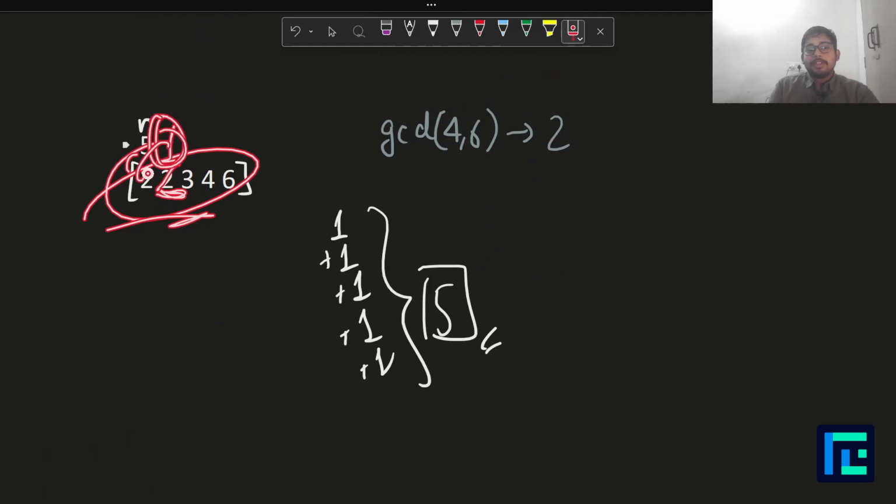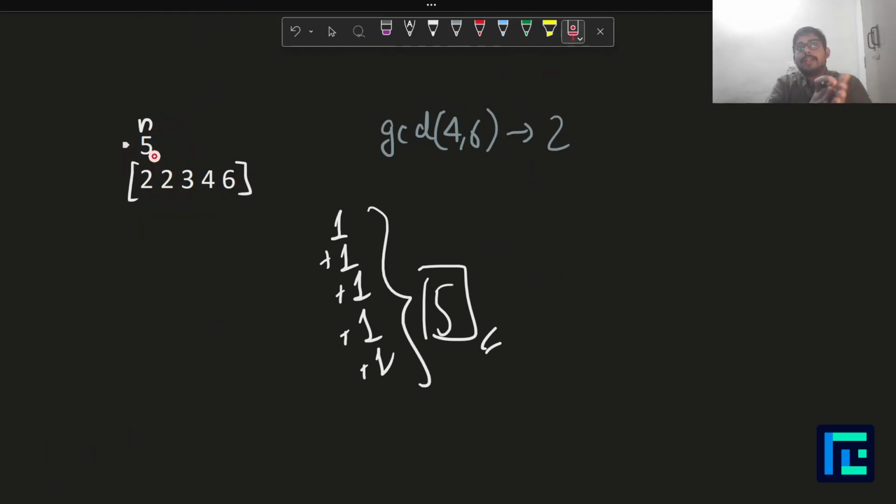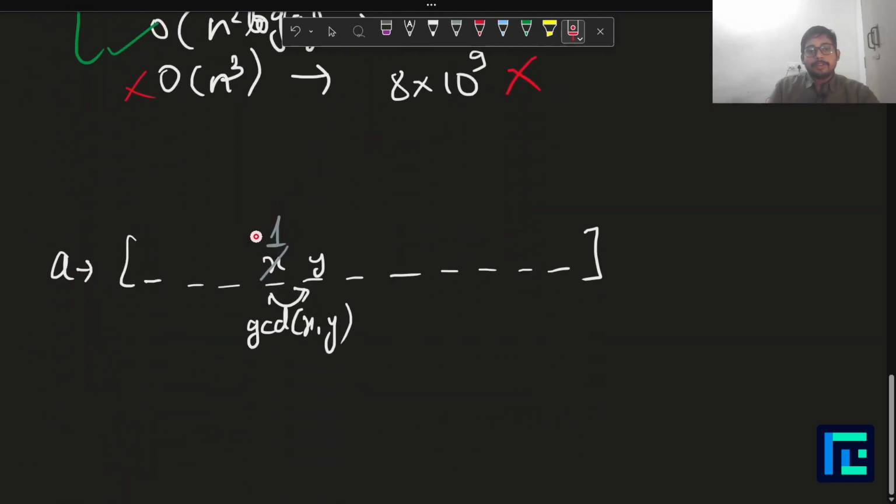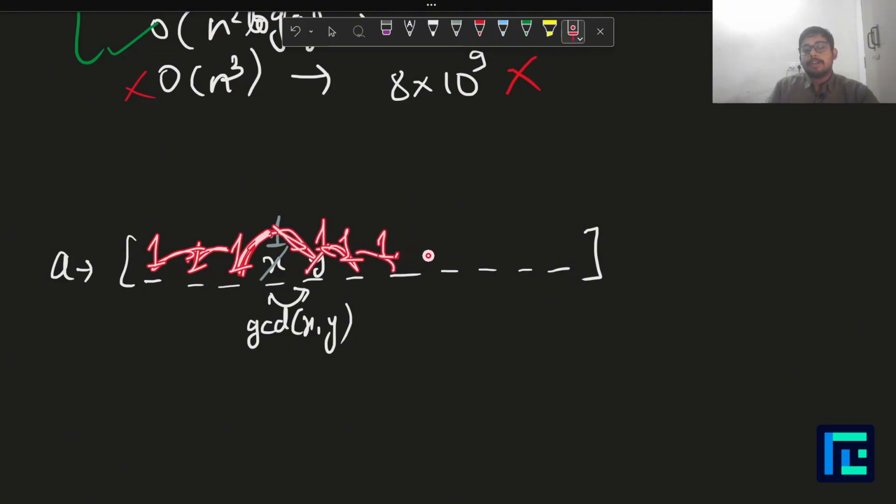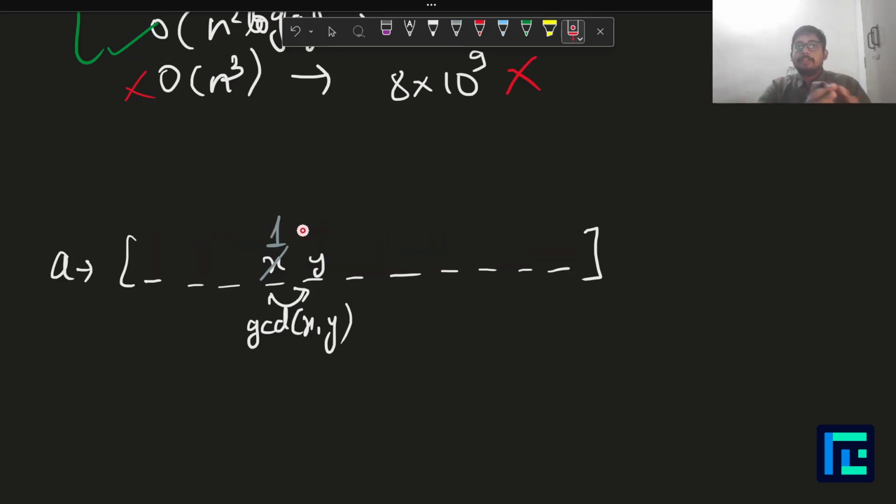Once we got a 1, we just used that 1 to spread it to the whole array, because if you get a 1 at any point, you can do an operation like this, make this element 1, an operation like this, make it 1, and so on, 1 1 1. This way, if you even get a single 1, you can make all the numbers 1 by doing an operation like this. But is this the minimum number of operations required for this case? How can you prove that?